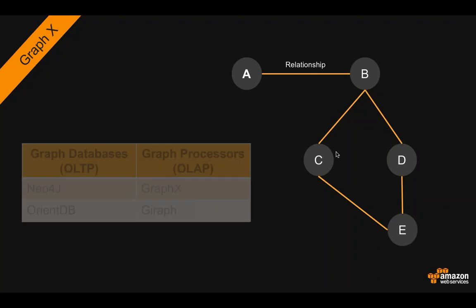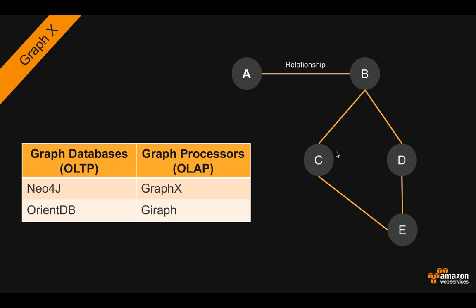And the same is true in the graph world as well. So some of the graph databases that you would have heard about, things like Neo4j and OrientDB, they're typically more focused on transaction processing. So adding nodes to the graph, doing lookups in the graph, etc.